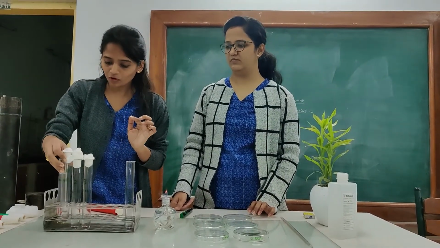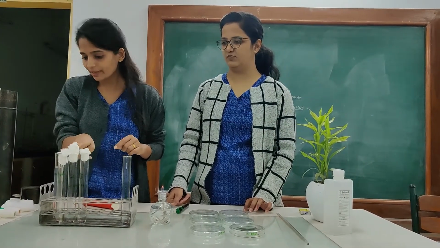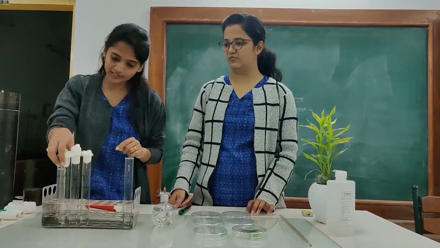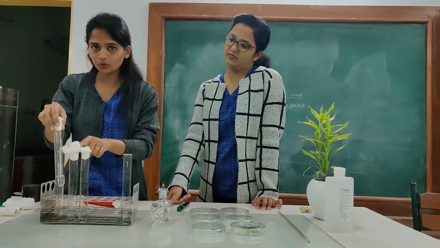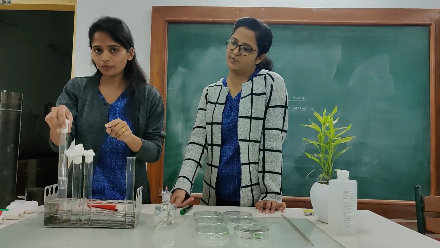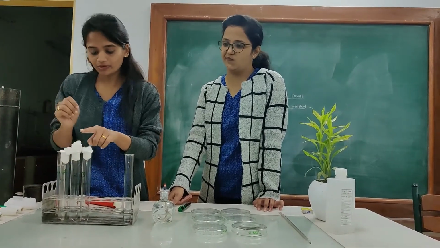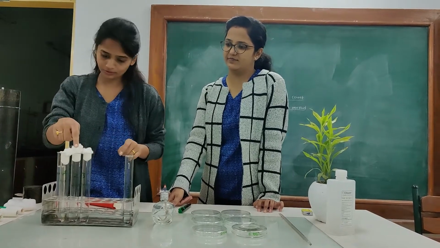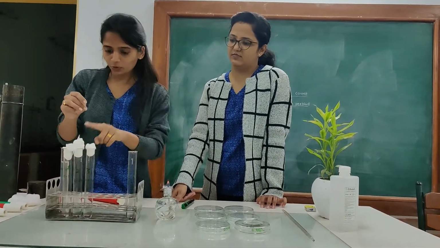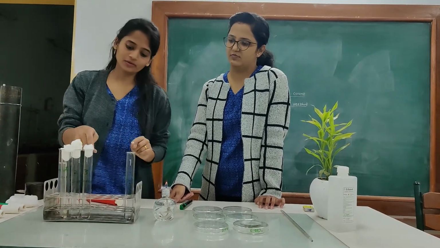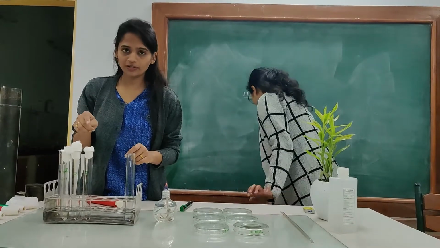Then we take 1 ml of this 0.1 dilution and add it to tube number 2, and that becomes 0.01, right? Similarly, we add 1 ml of 0.01 to tube number 3, and that ultimately becomes 0.001, right?